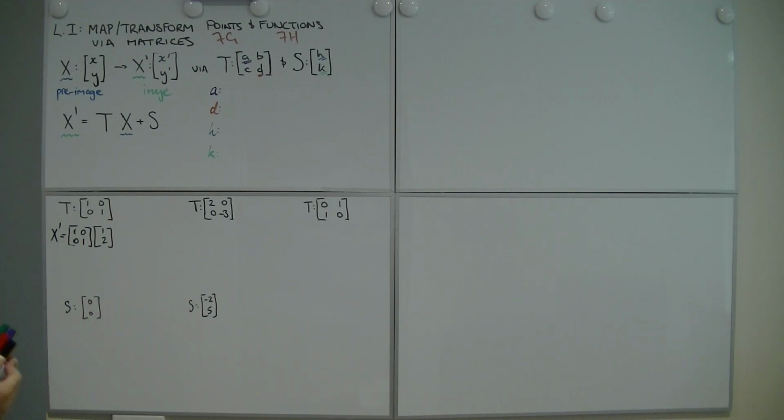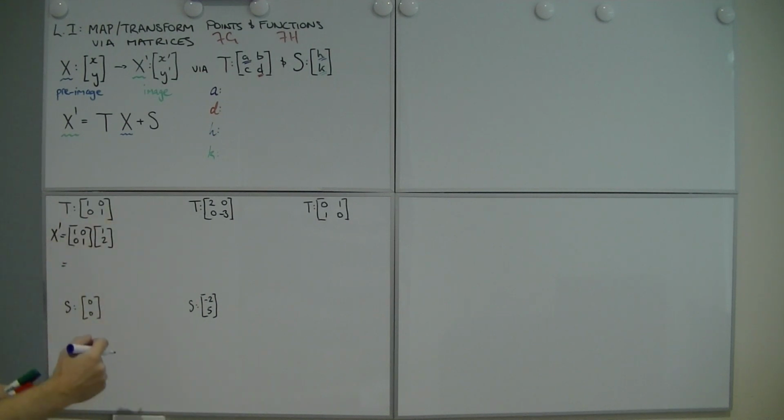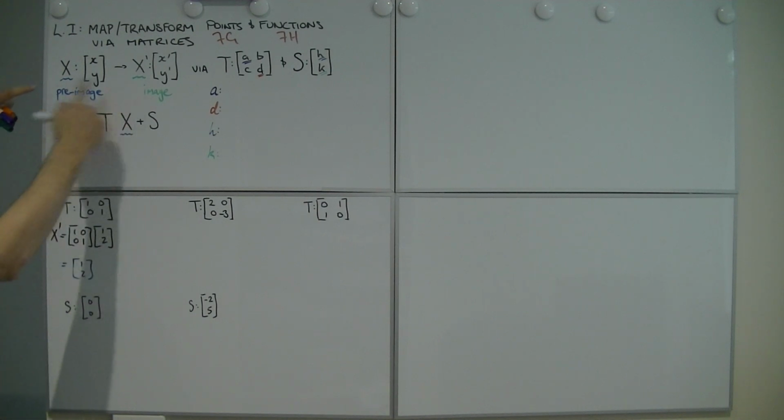Well, let's run that through. Cool, this matrix times this matrix, so you can shift this down, run it all through, and hopefully you'll end up with matrix 1, 2 again. So in this case, the image and the pre-image are the exact same.